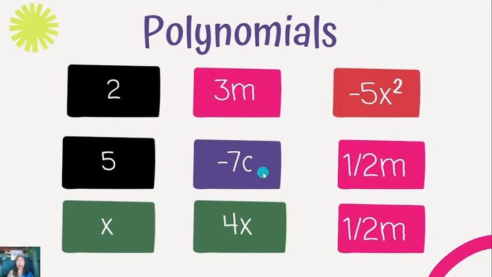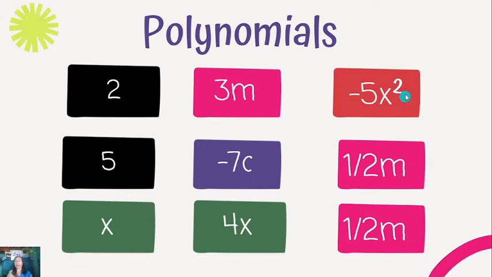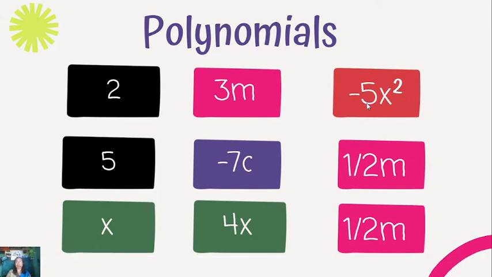This one has no like terms for 7c because you cannot see a term with c alone. And also this one, you cannot see terms with x squared except -5 x squared. This one is just x, but it's not x squared. So to make it like terms, they must contain the same variable or letter and the same exponent of that letter or variable.